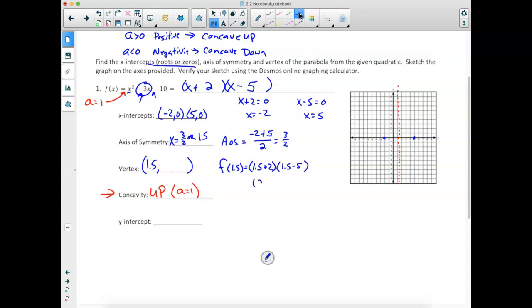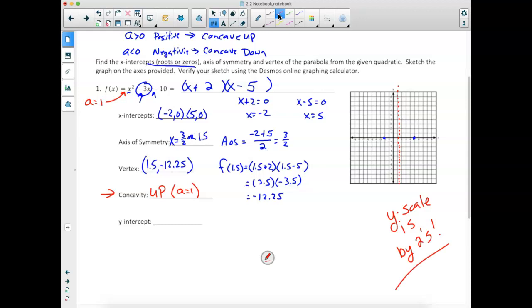Well, that gives me 3.5 times negative 3.5, which actually ends up equaling negative 12.25. So my vertex is at 1.5, negative 12.25. Because my graph only goes to 10, I'm going to throw a qualifier. Y scale is by 2s.